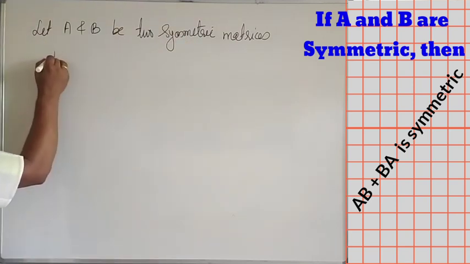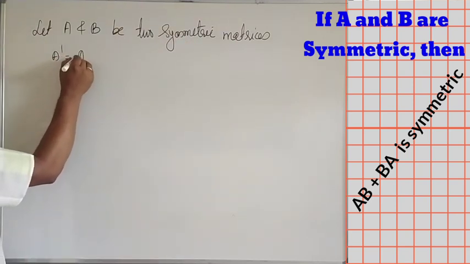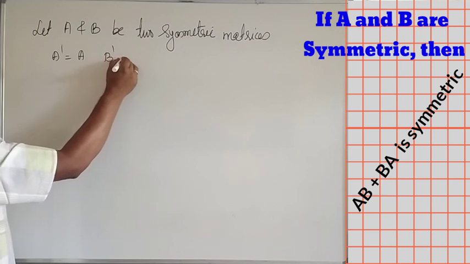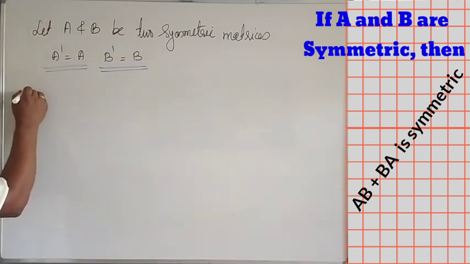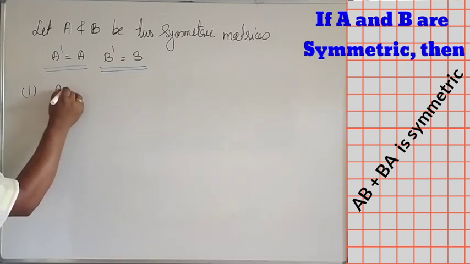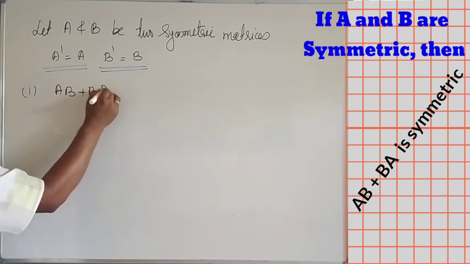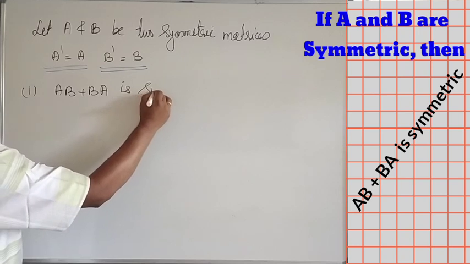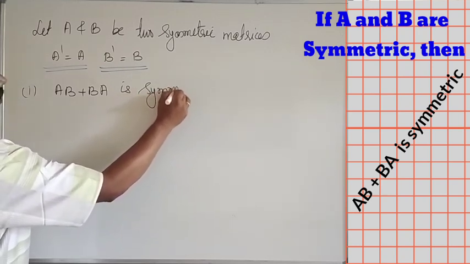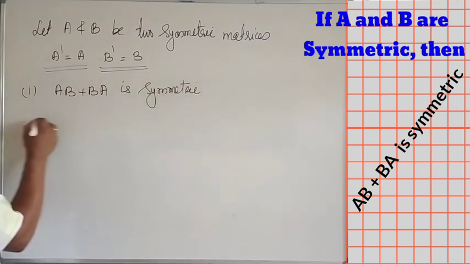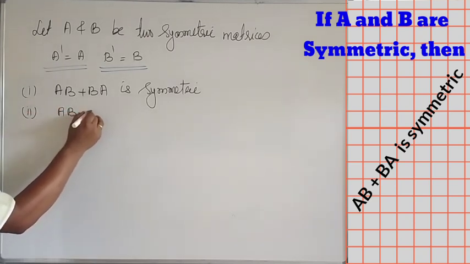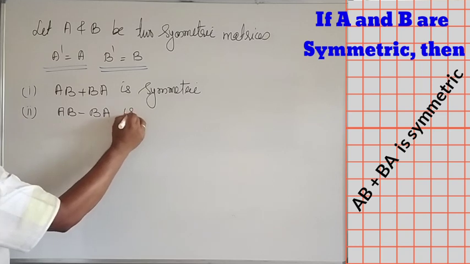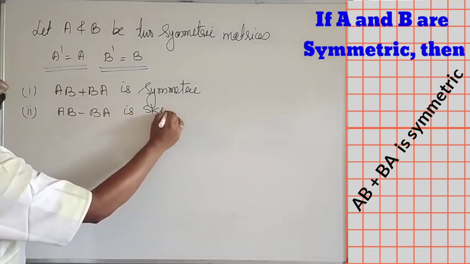That means A transpose is equal to A and B transpose is equal to B. We now prove that AB plus BA is symmetric and AB minus BA is skew symmetric.